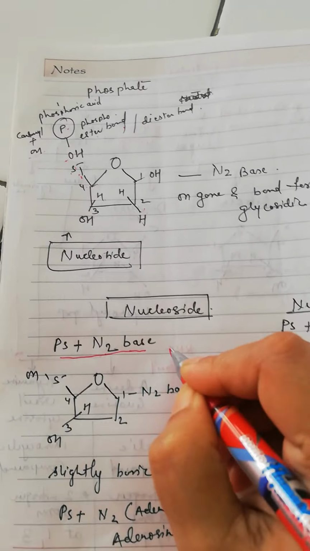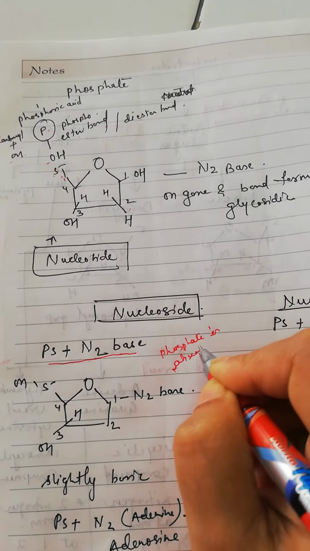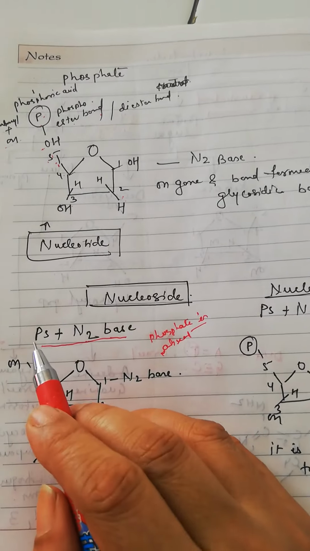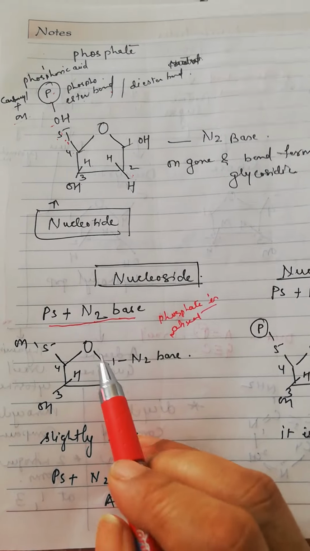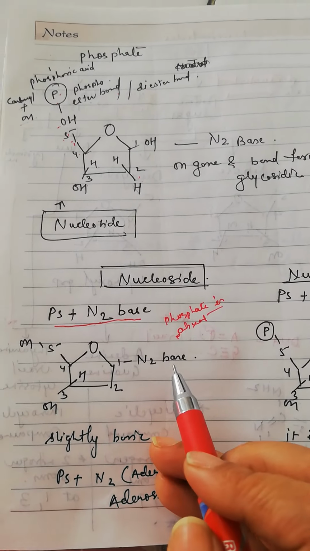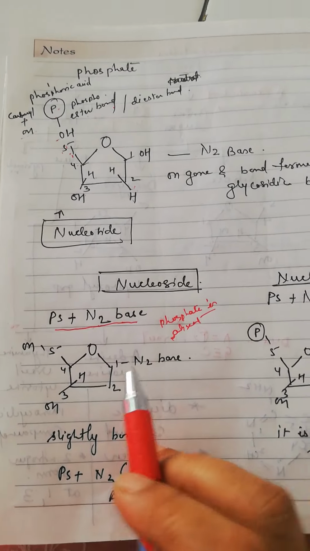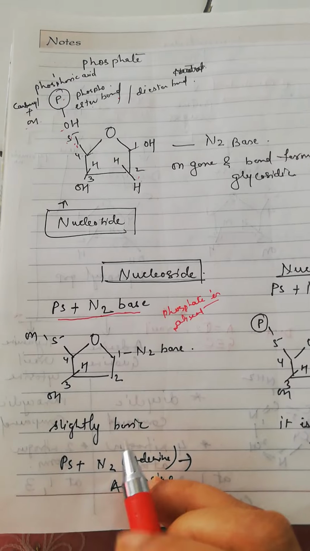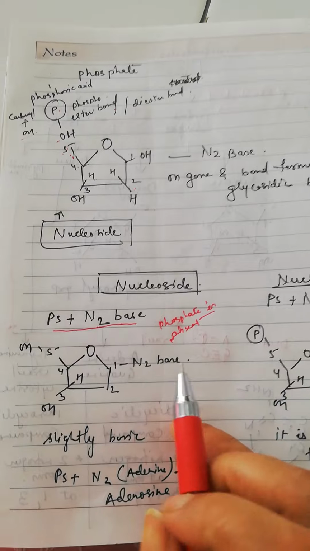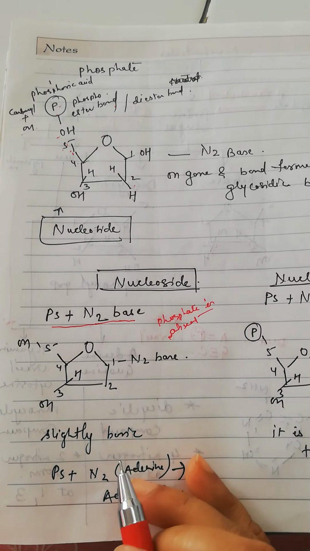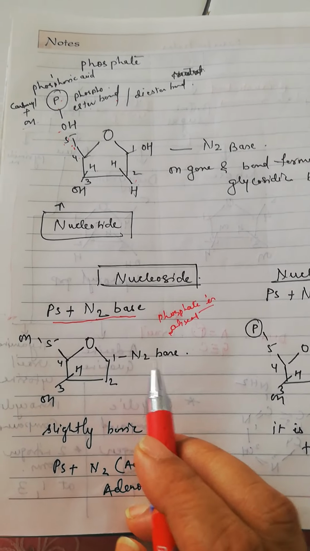So in a nucleoside only pentose sugar and nitrogenous base are present. See, this is the pentose sugar and at the first carbon it has a nitrogenous base. Because phosphoric acid is absent, and because a nitrogenous base is present, it is slightly basic in nature because of the presence of this nitrogenous base.